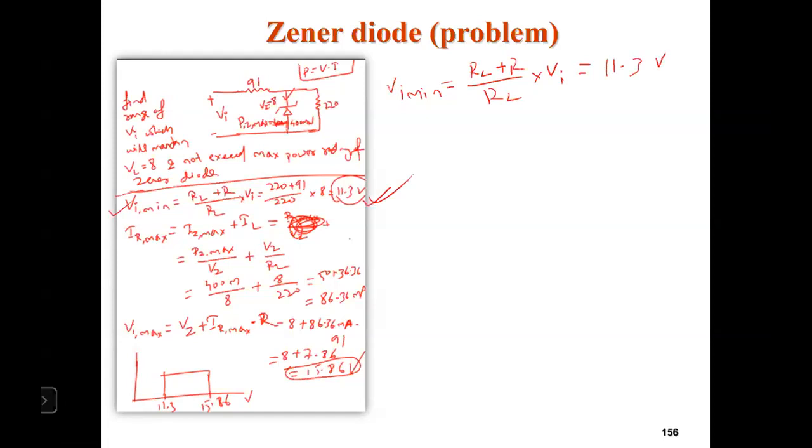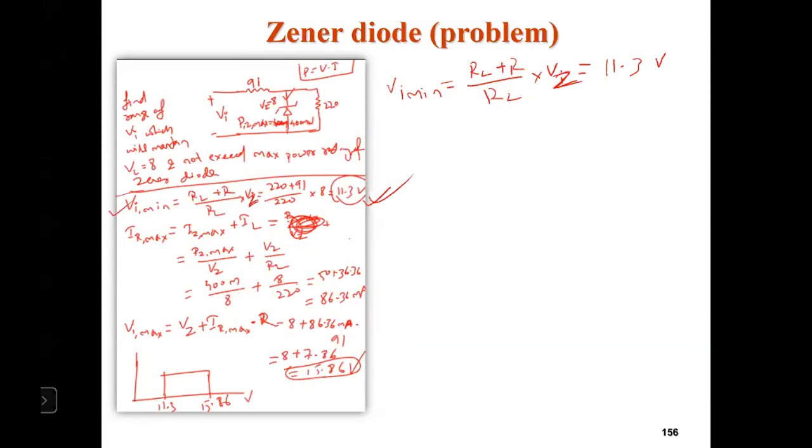This is the formula, (RL plus R) by RL into VI. Just a moment. Oh, I have written it wrongly. This question was PZ; I had written it wrongly there. So put all these values, and it will be 11.3.